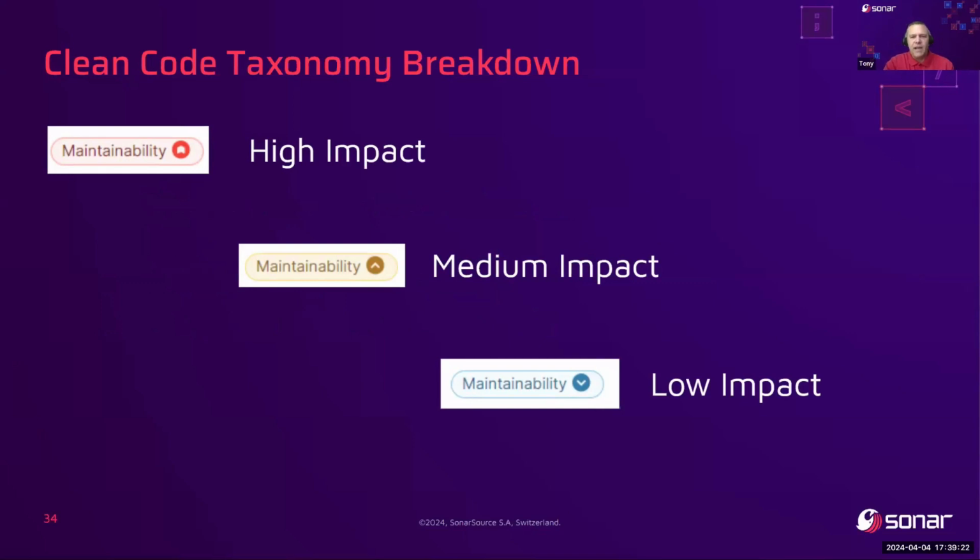So we have high impact, medium impact, and low impact. For this example, red maintainability means that this issue has a high impact on the maintainability of your software. The yellow is a medium impact, and then the blue is low impact.